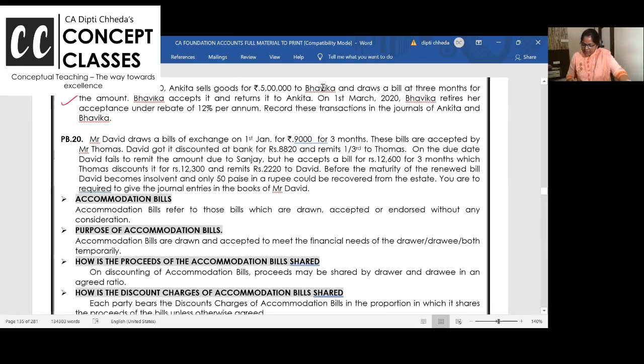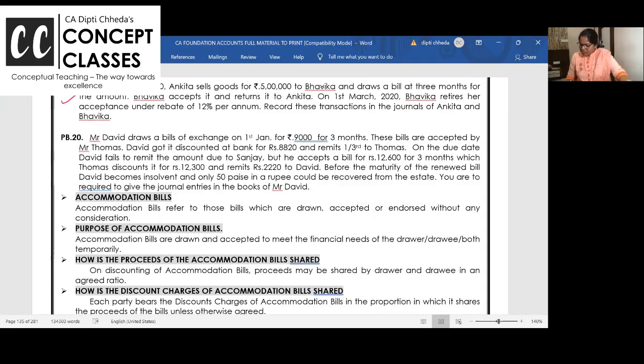David draws the bills of exchange on 1st January for 9,000 for 3 months. These bills are accepted by Thomas. David got it discounted for 8,820 and remitted 1/3 to Thomas. Failed to pay the money and he accepted for 3 months before.